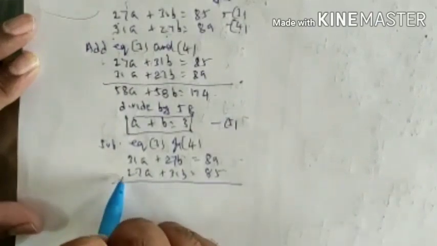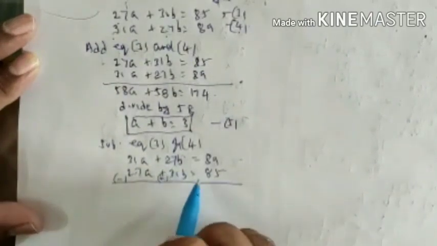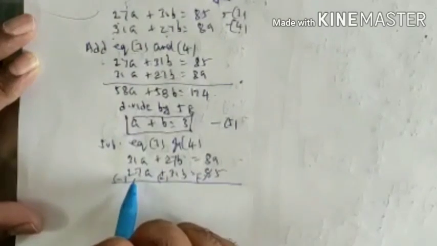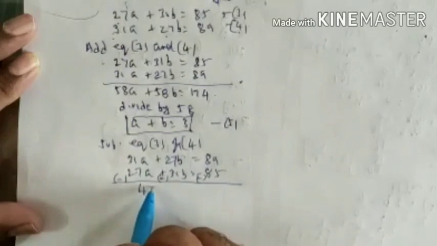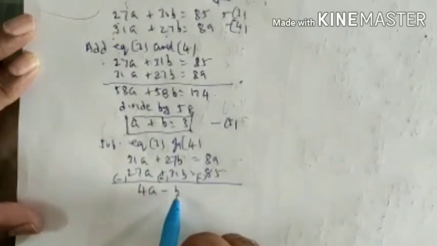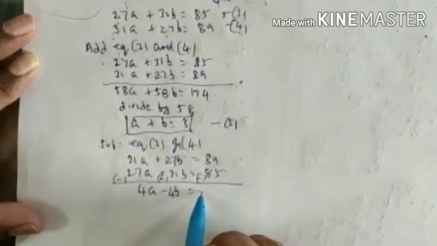Subtract means change the sign, minus here also, minus here also. 31 minus 27: 27, 28, 29, 30, 31. Here we get 4a, here we get minus 4b is equal to 4.